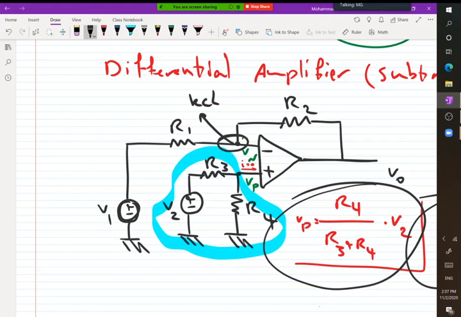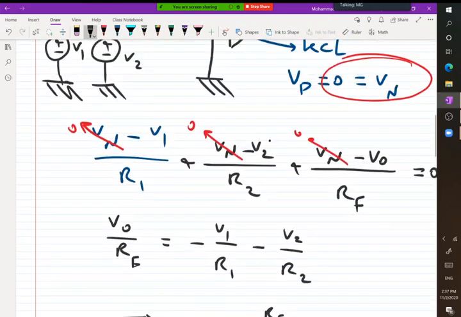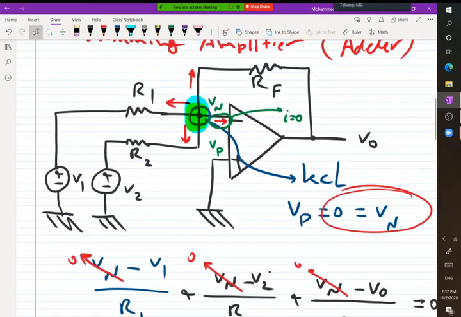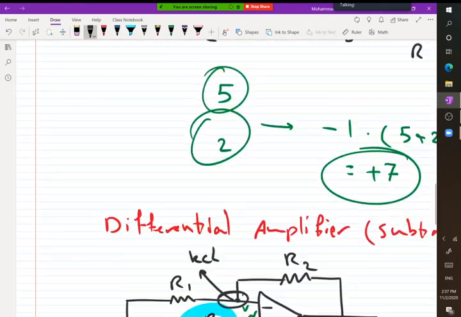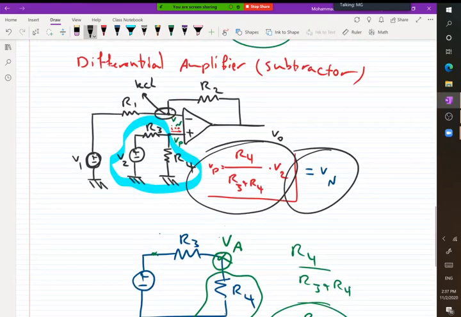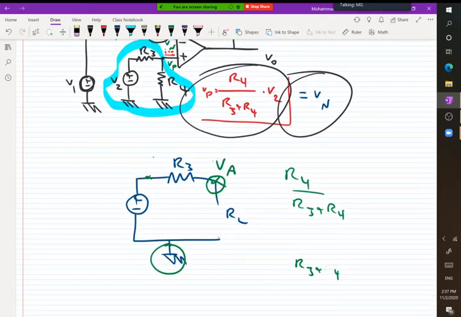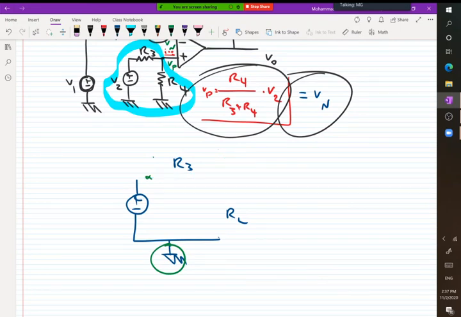The node that the feedback is connected to. If we go back to the previous example, it's the same thing. We calculated KCL at this node. The feedback is connected to this node. Okay, so it's time to write KCL for that node.